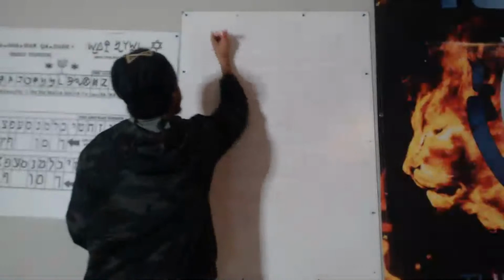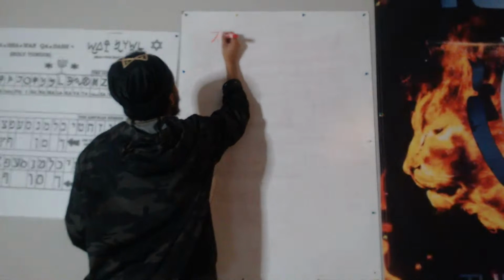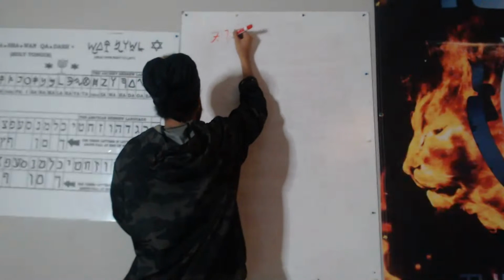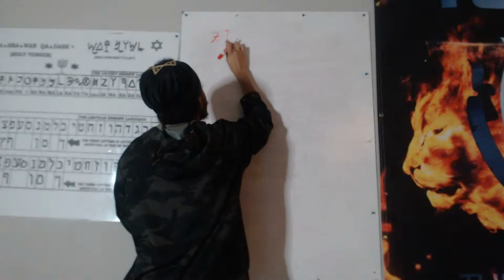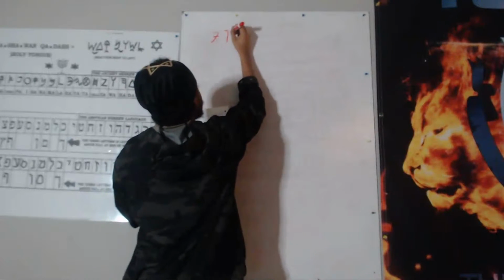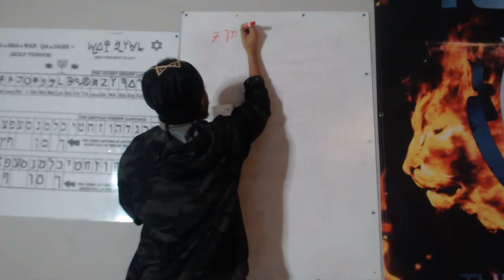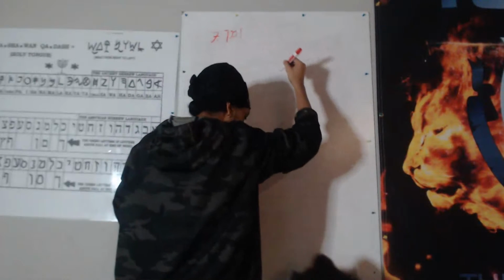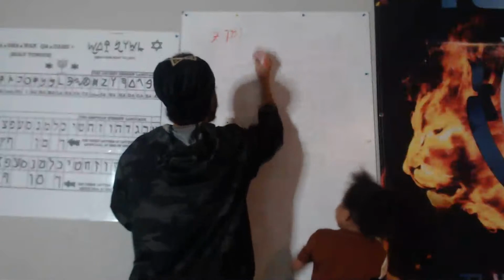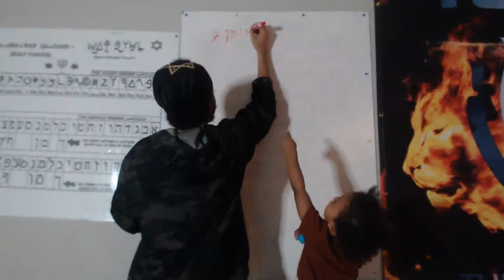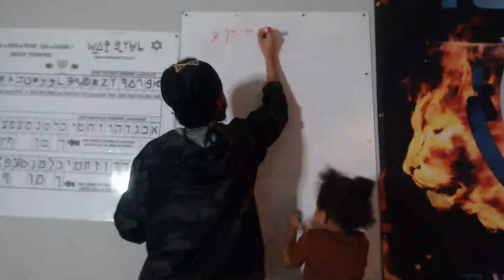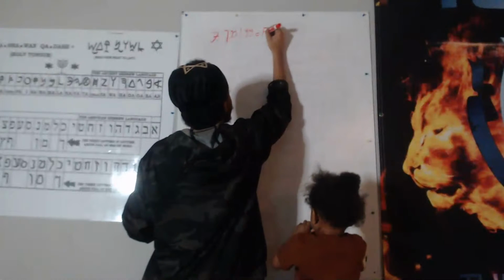So let's go ahead and get 7. All right. So what you got away, little man? Wait, okay, you gotta wait, okay? You gotta get down so you're safe.